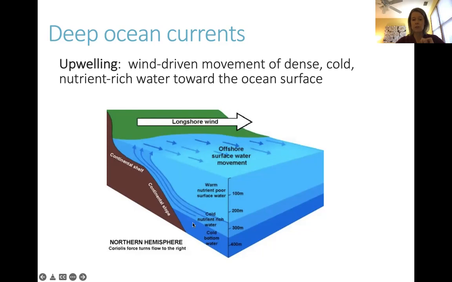The nutrient-rich part is really important here. It's going to drive it up to the surface. So it's going to keep getting pulled up as water on the surface gets pushed away from the edge of the continent. So cold, nutrient-rich water moving up to the surface is upwelling.